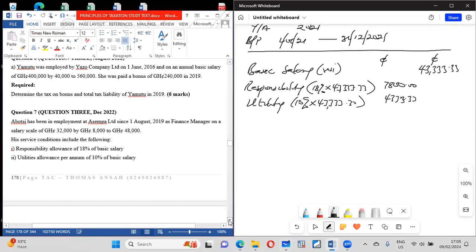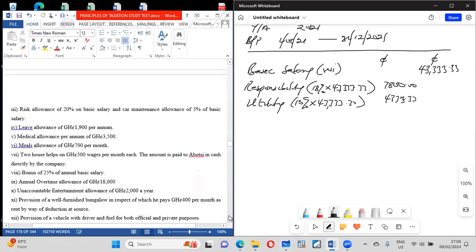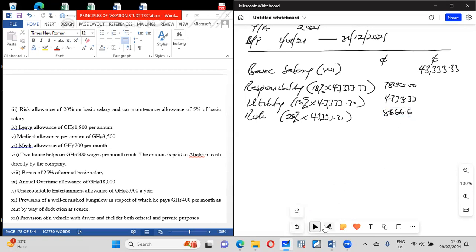All right. Then you go down. Risk allowance too is 20%. Wow. So imagine you get your basic salary wrong. That one will be a multiplication by 2 of this, right? So that's like 8,666.66. If you round that one up, it will be 67. So I think we can manage that to clear off this.